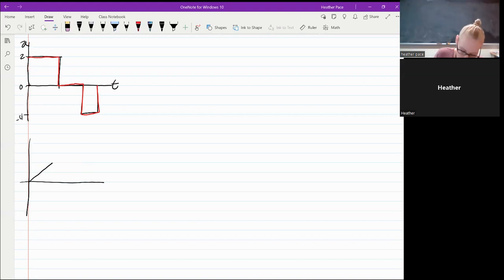Okay, so you're going to see that the slope is sharper because our acceleration changed more. So our acceleration drops to -4.